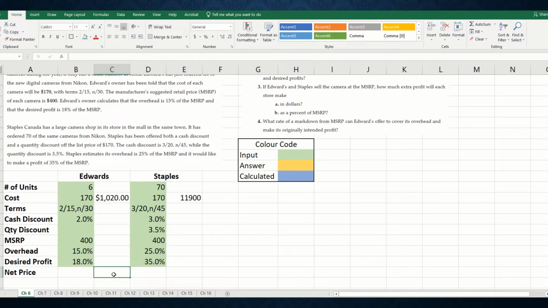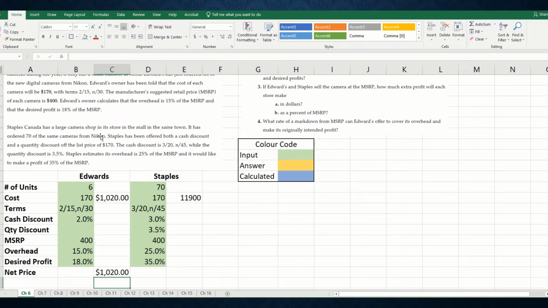We're not worried about his desired profit, but his net price, because he doesn't have any quantity discount, equals the cost minus any quantity discount, but he doesn't have one, so he's not going to get any, so his net price is there.